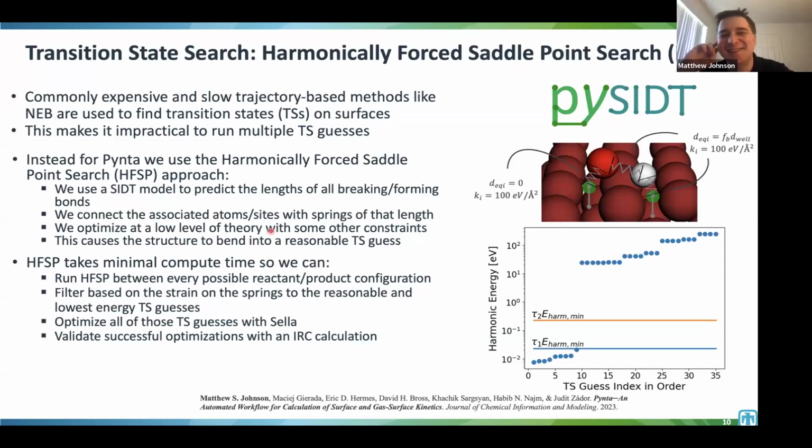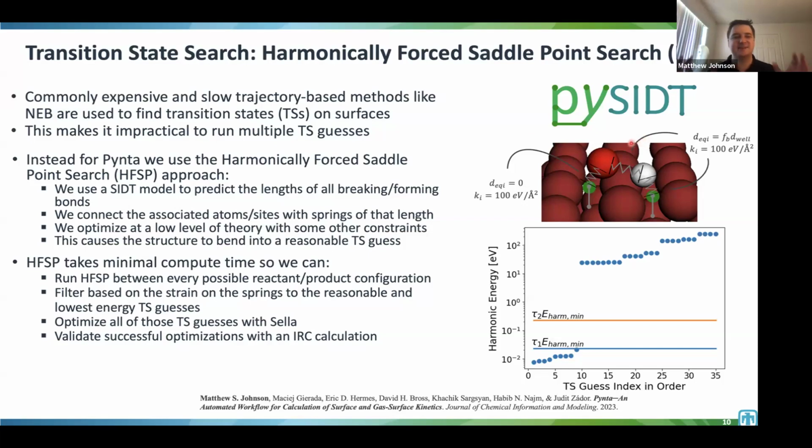So the funny thing about this is that the level of theory we use doesn't actually matter that much. The reason is that all the really important degrees of freedom in the system are being constrained by these harmonic potentials. So you could use DFT for it, and you can use machine learning potentials for it. It doesn't matter so much, because all we're really leaving up to the level of theory is what it does with the other degrees of freedom. We know what happens to those atoms when we bend this over.